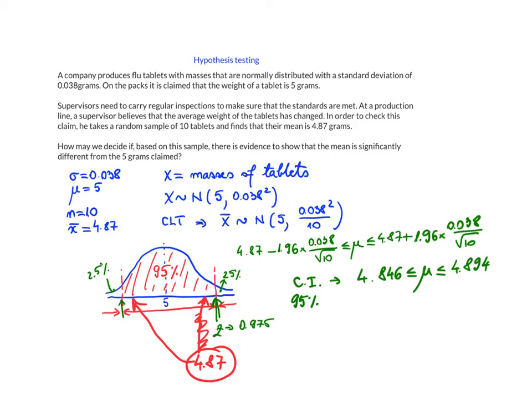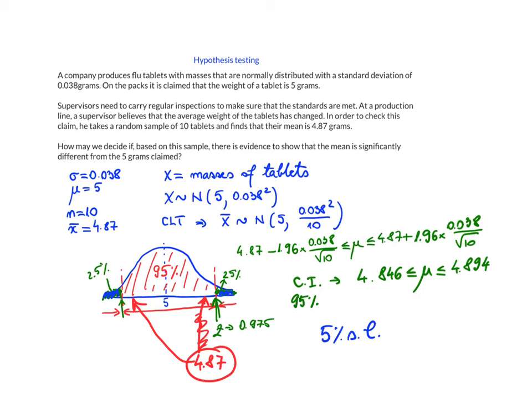So we will say that at a 5% significance level, 5% being outside, so we call the outside area significance level, we can decide that the company produces flu tablets of a weight of 5 grams. In statistics, we can never be sure, but we have enough evidence at 5% significance level.